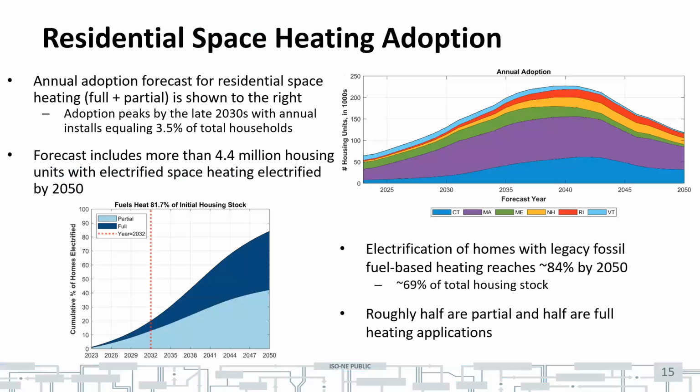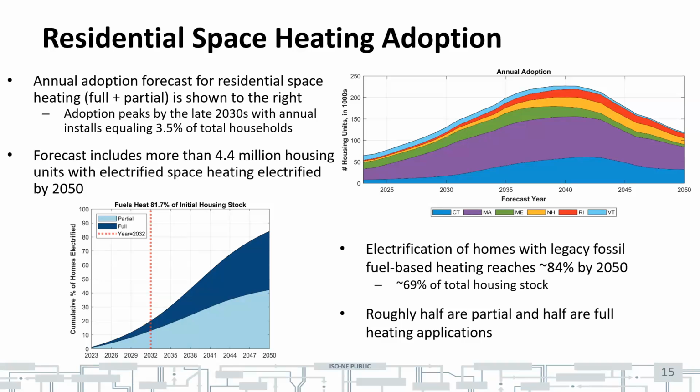In terms of results, in the residential space heating section of this heating world, you see in the upper right the annual adoption with layers by state. Peak adoption happens in the late 2030s. As a rough check, that peak rate of adoption is equivalent to about 3.5% of households electrified in that peak year.